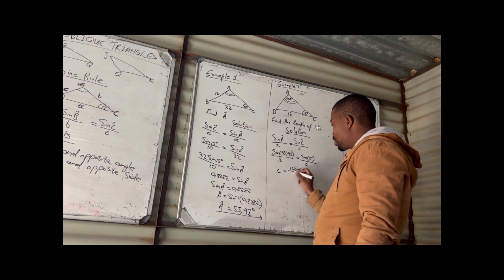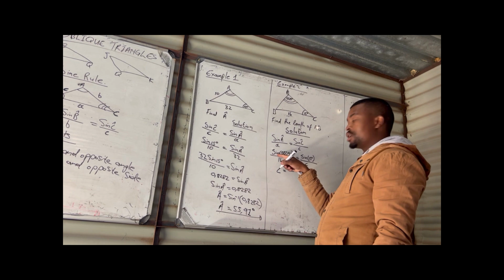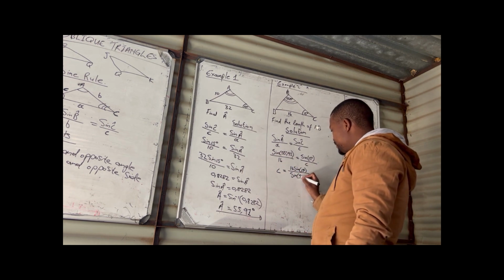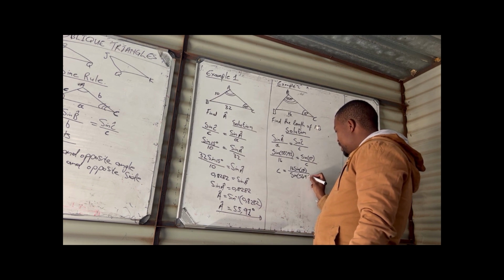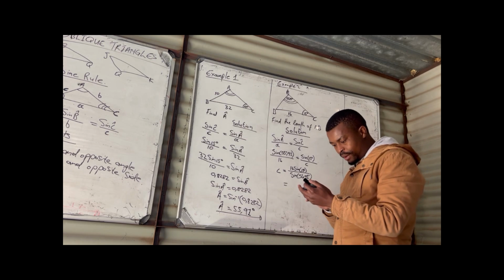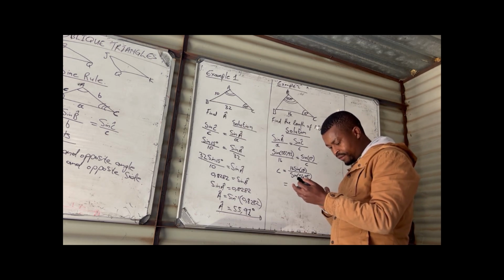So AB is equal to 16 sine 15 degrees all over sine of 55.91 degrees.